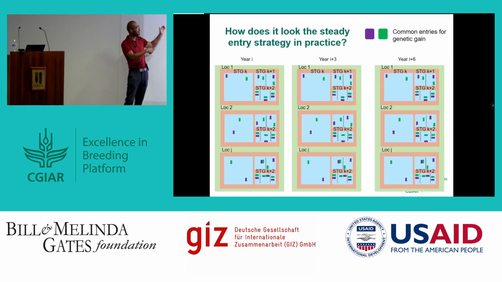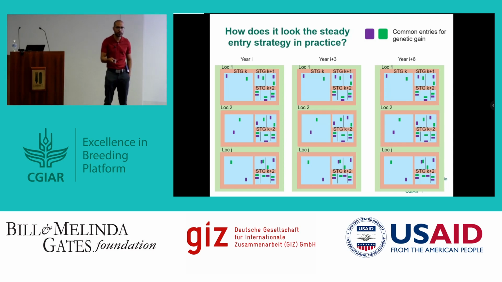So maybe one of these entries might stay for several years, but some other entries might not stay. They really are purely spatially adjusted entries for spatial adjustment. But some entries will have to stay even beyond that purpose. In this case, I'm not worried about the shrinkage, because we addressed that part.